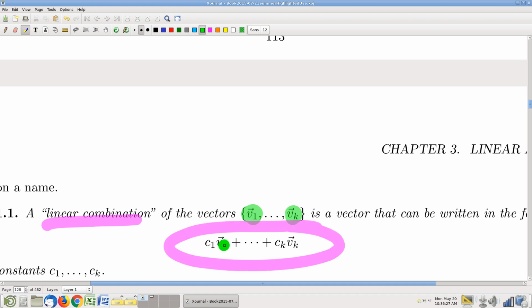A linear combination is anything that you can get by taking those vectors that you were given, multiplying by real scalars, and adding. So instead of linear combination, perhaps a more relatable name for this construction would be a multiplying and adding combination. We're just combining these vectors by multiplying and adding.